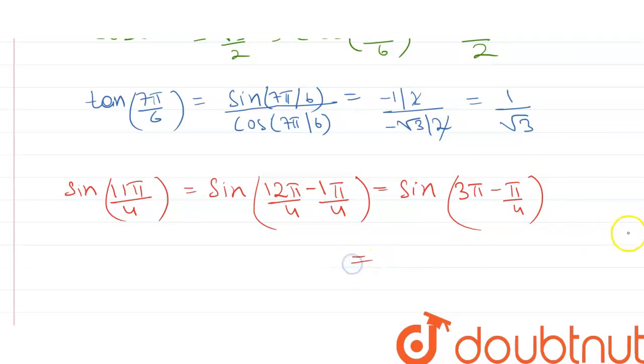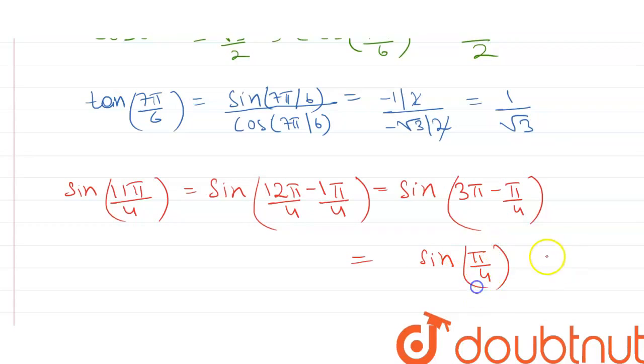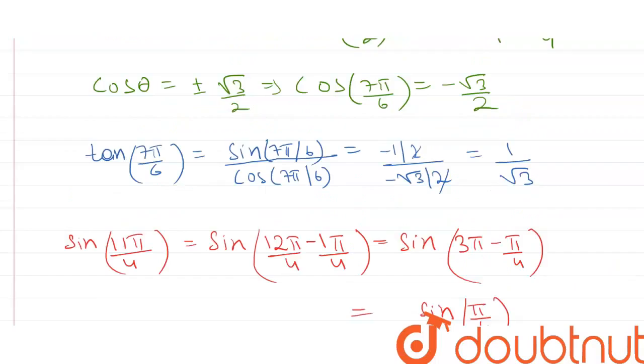So first of all let us check: since 3 pi is a multiple of pi, there would be no change in the trigonometric function, so it comes out as sine pi by 4.